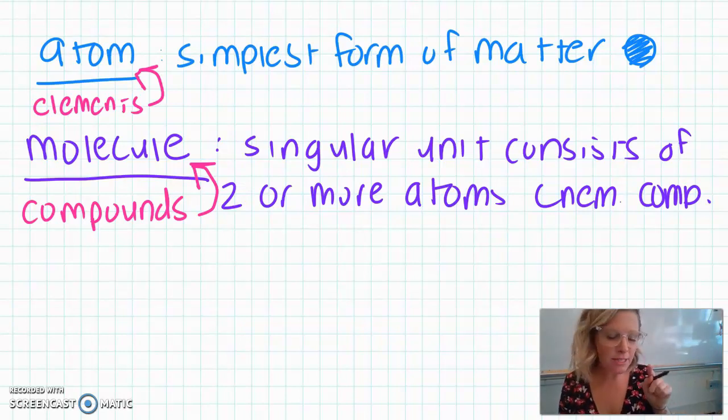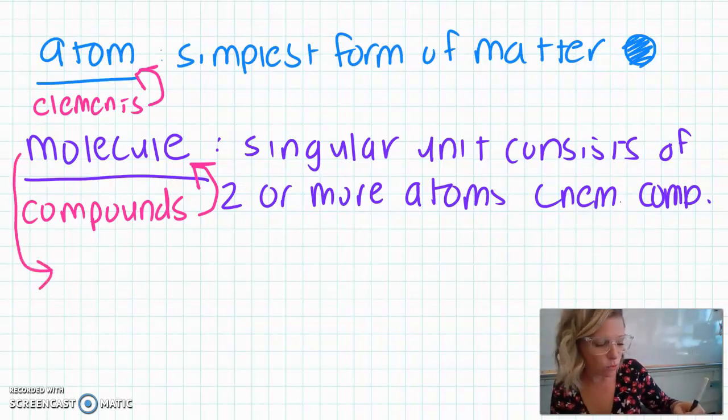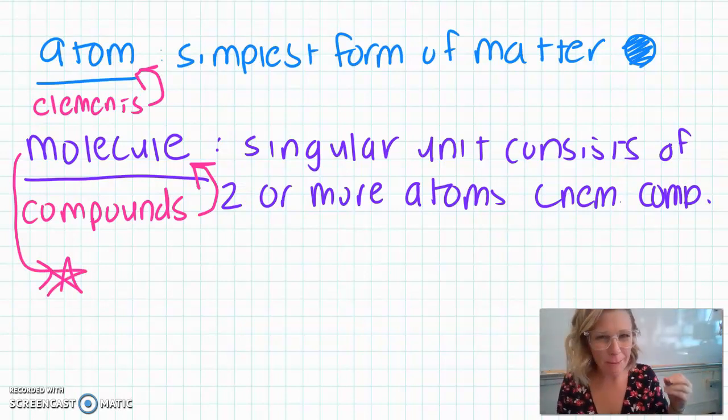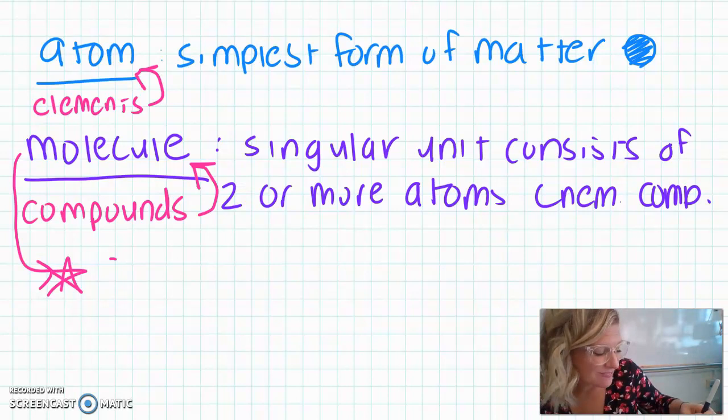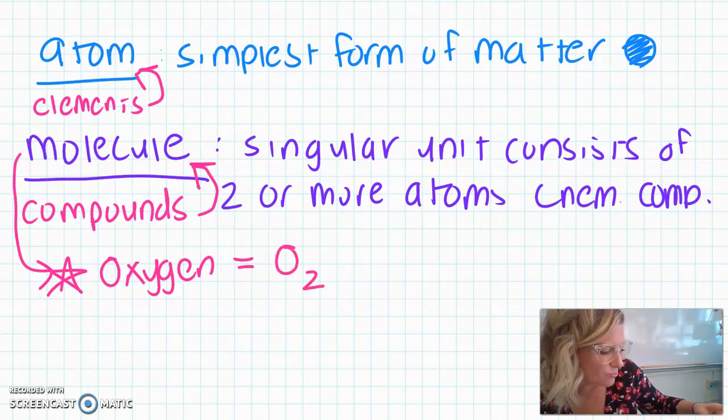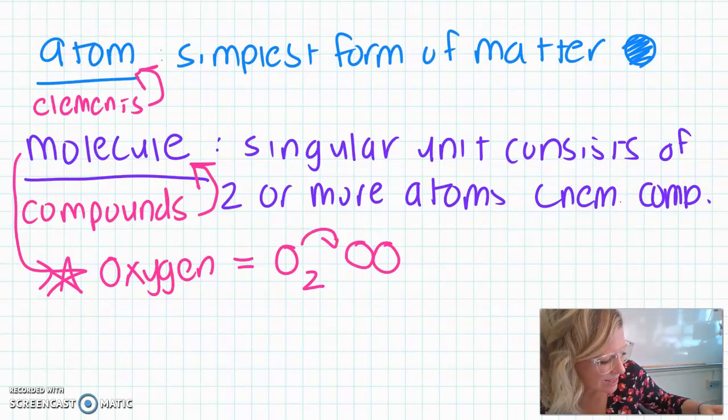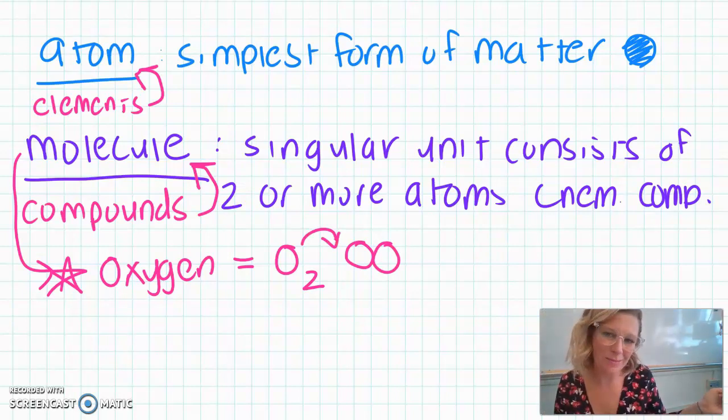But there are some exceptions to this molecule rule, and I want to point this out quickly. For example, oxygen, the good stuff that we breathe, has the chemical formula O2, which means that it consists of two identical types of atoms that are chemically combined. Well, is oxygen an element or a compound?